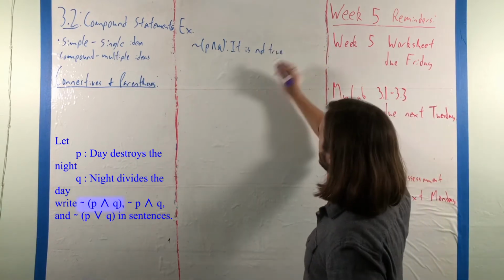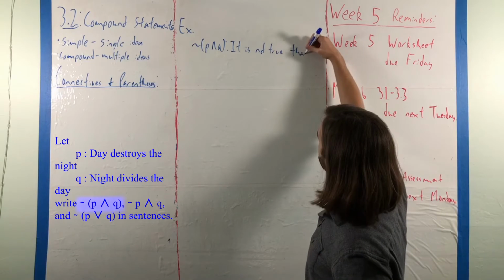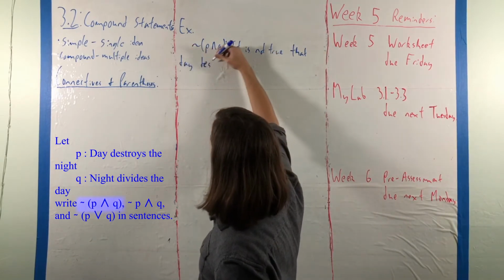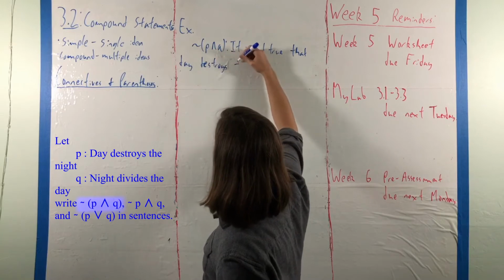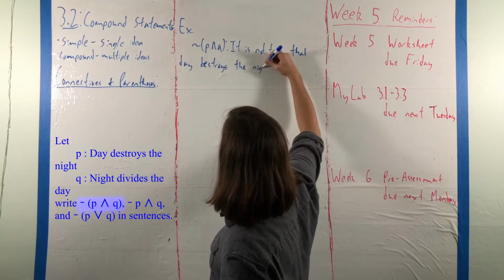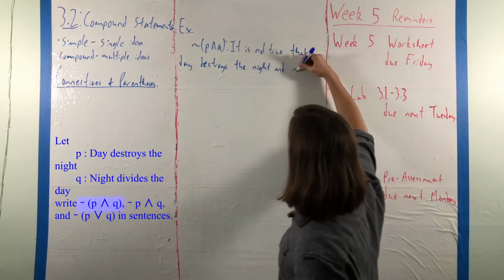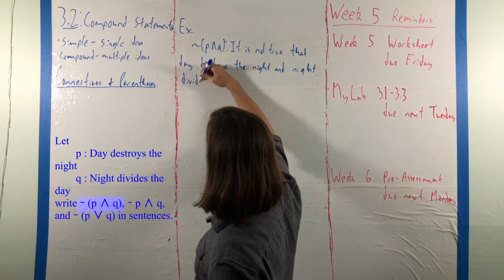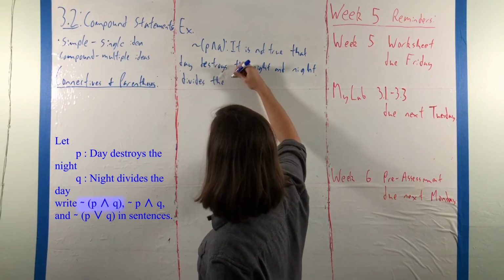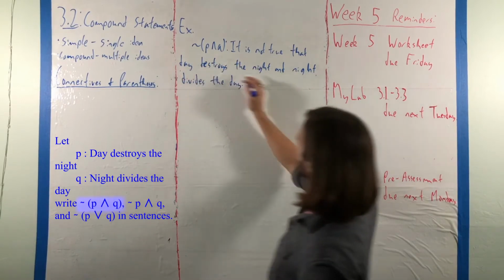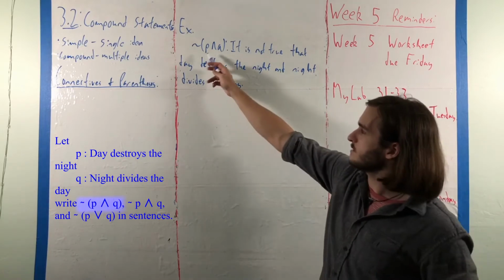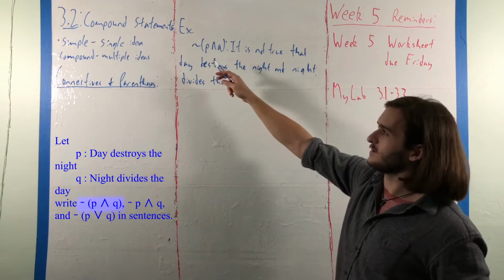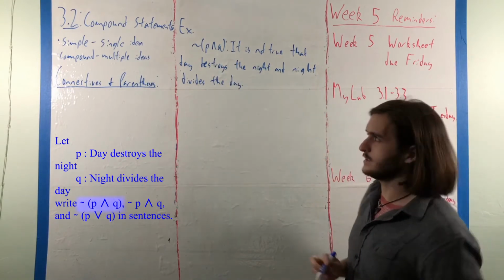So we can say here, it is not true that day destroys the night and night divides the day. But remember, day destroys the night is the statement P. You've got that conjunction and then we have Q.